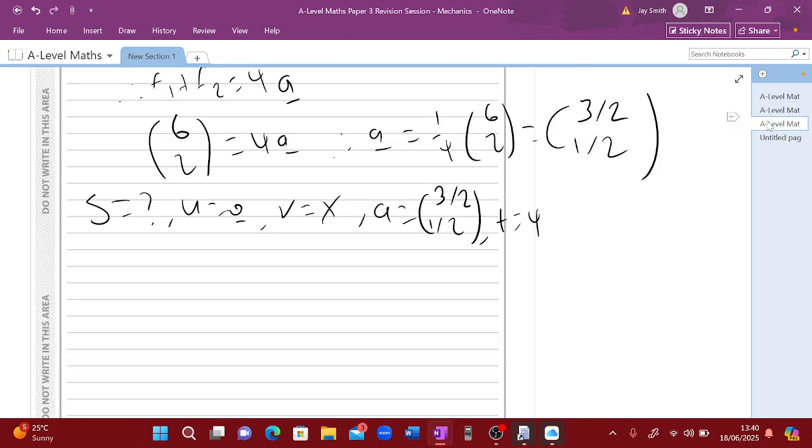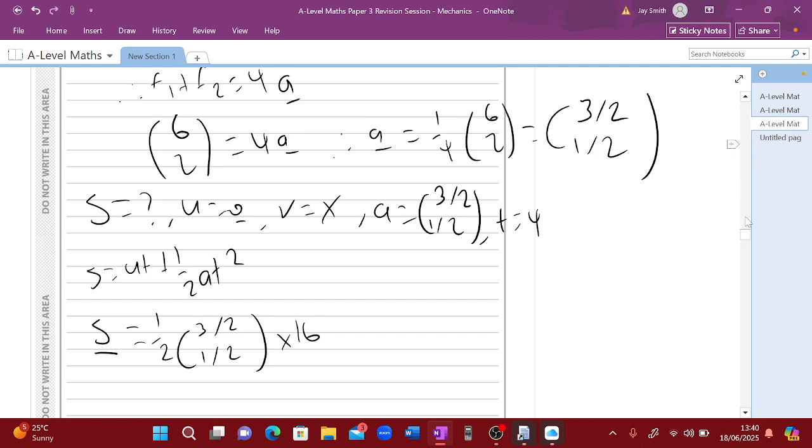So S is UT plus a half AT squared. And then we just substitute it in. So then we can say S, it should be a vector, but it doesn't really matter. Call it S or R, doesn't really matter. UT, now U is 0, lots of T, so that would just be nothing. So it's going to be a half of A, so (3/2, 1/2), times T squared, which is 4 squared, which is 16.